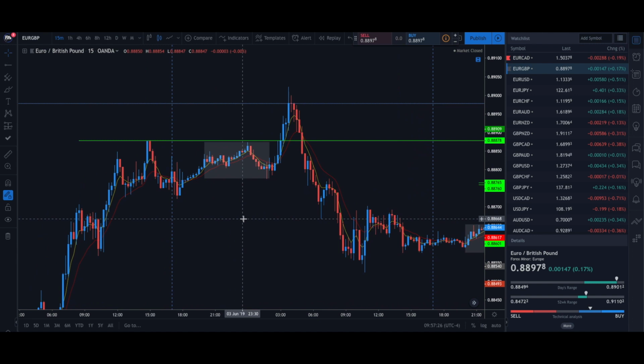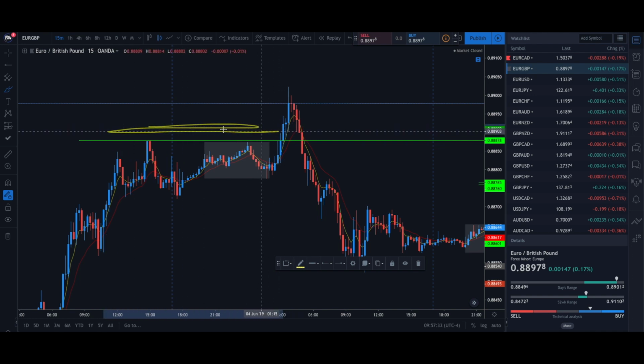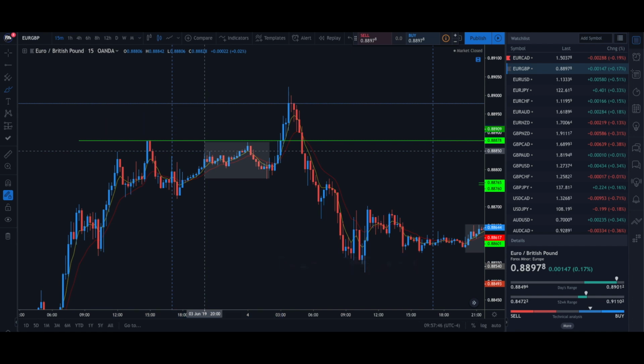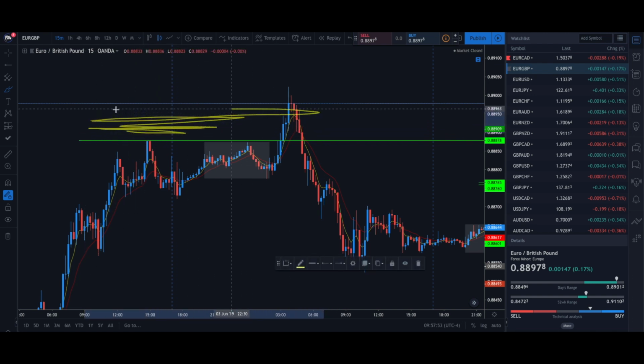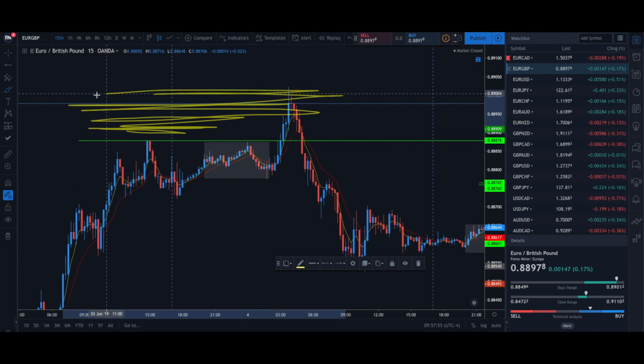How many buy orders do you think are in this area from traders that trade breakouts? If you have traders that trade breakouts, all their orders are going to be just above the high. So you have orders all through here that are getting picked up. They pick up all the orders they need right there.